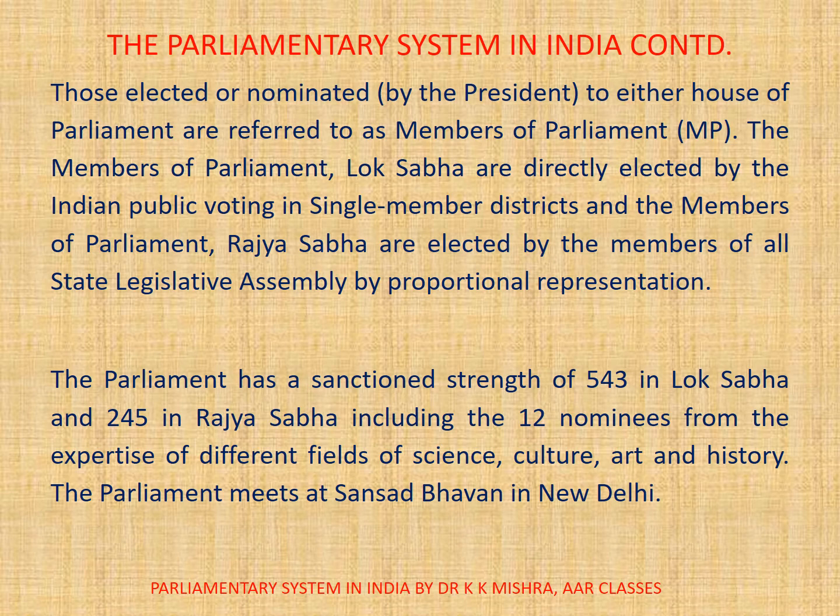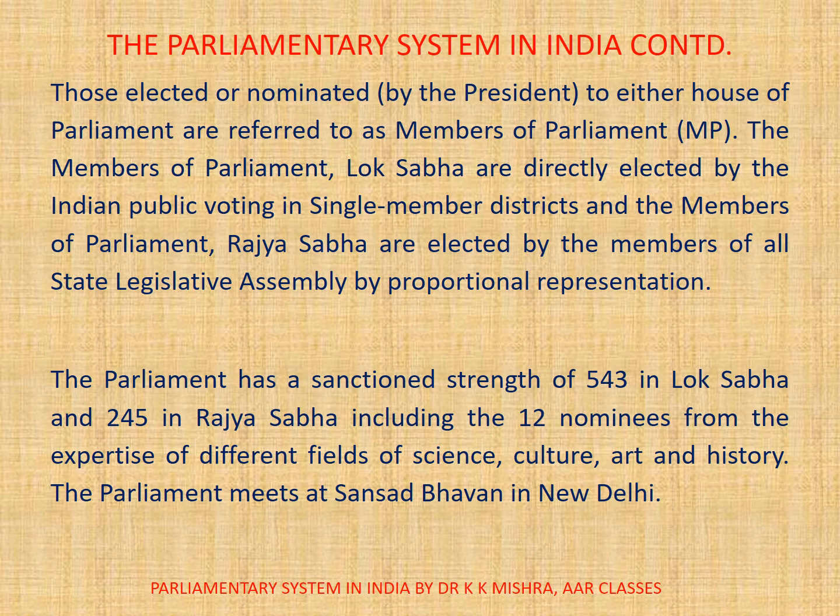Those elected or nominated by the President to either house of parliament are referred to as members of parliament. In short, we know them as MPs. The members of parliament, Lok Sabha, are directly elected by the Indian public voting in single member districts, and the members of parliament, Rajya Sabha, are elected by the members of all state legislative assemblies by proportional representation.